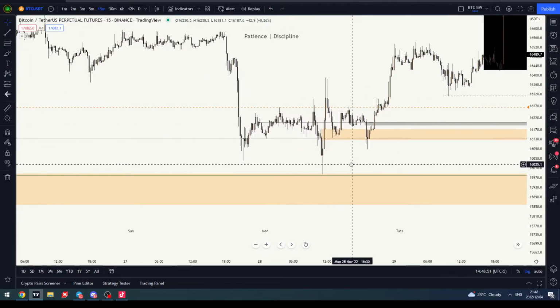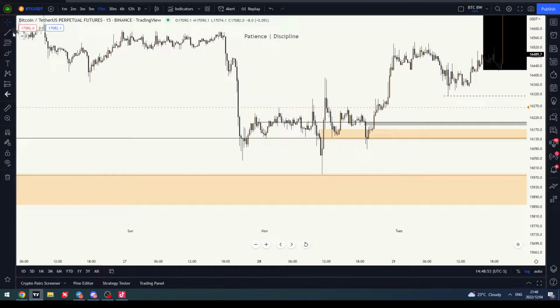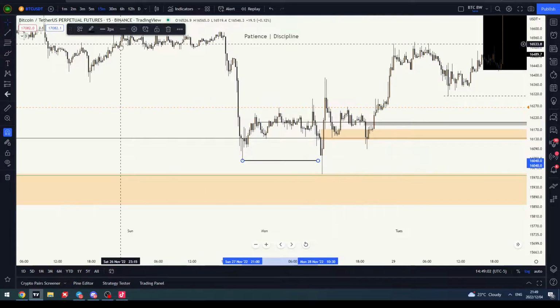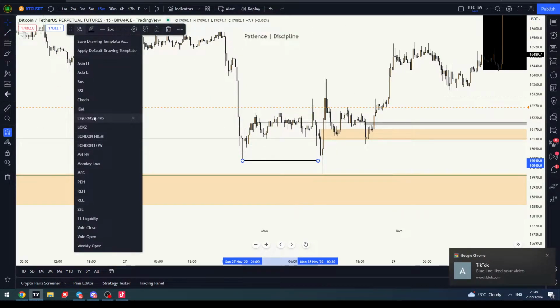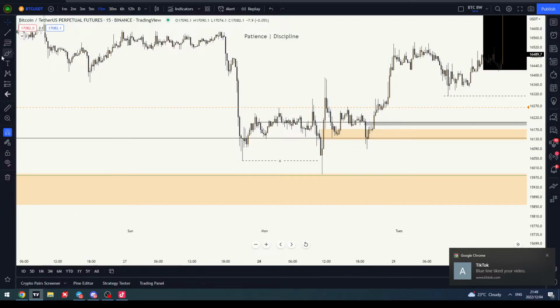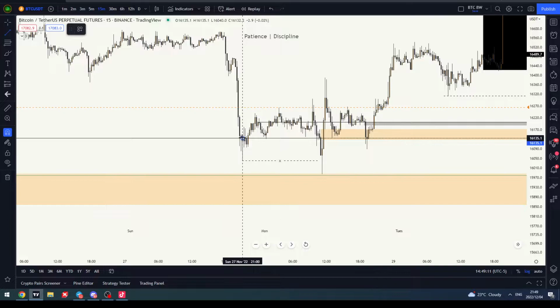So after we get the break, this was the low that we needed to break for liquidity to be taken. Let's call that a liquidity grab. Once the liquidity is taken there, the lowest closing down candle is where we would look for entries to form.